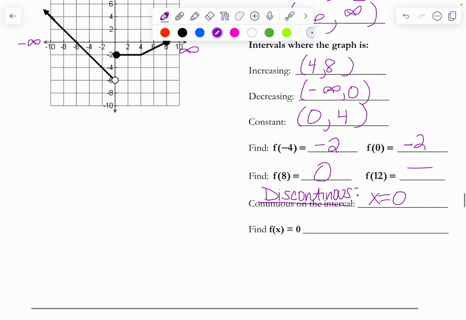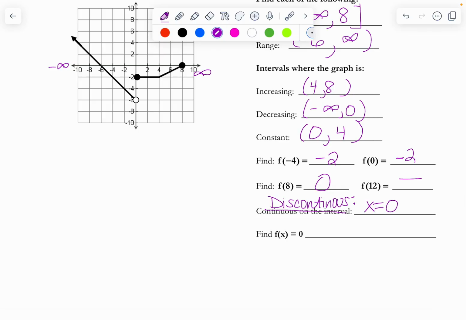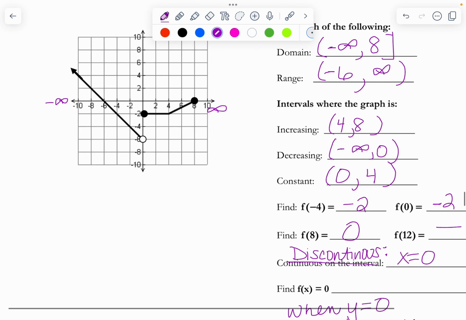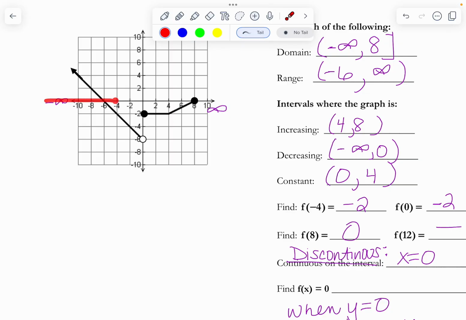Now, this next part says find f of x when it equals 0. So again, this says when y equals 0, what is x? So what I would do is I would go ahead and draw a line when y is 0.